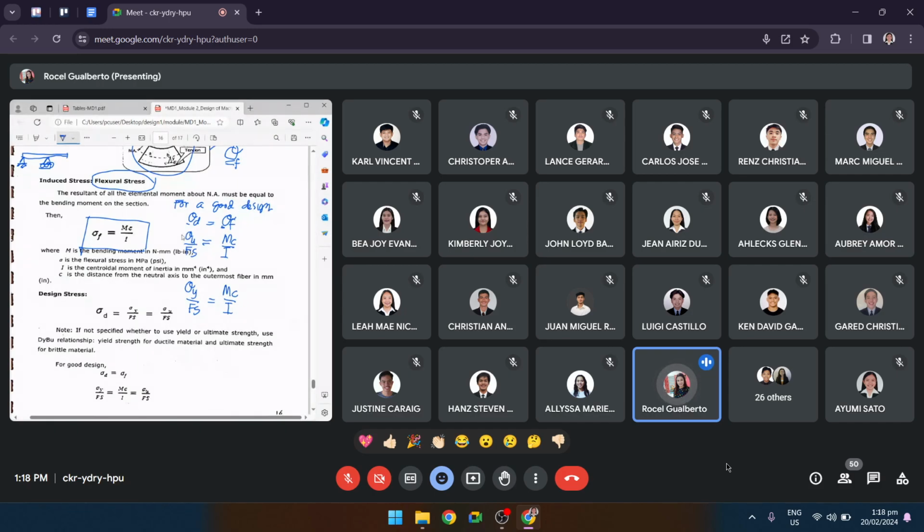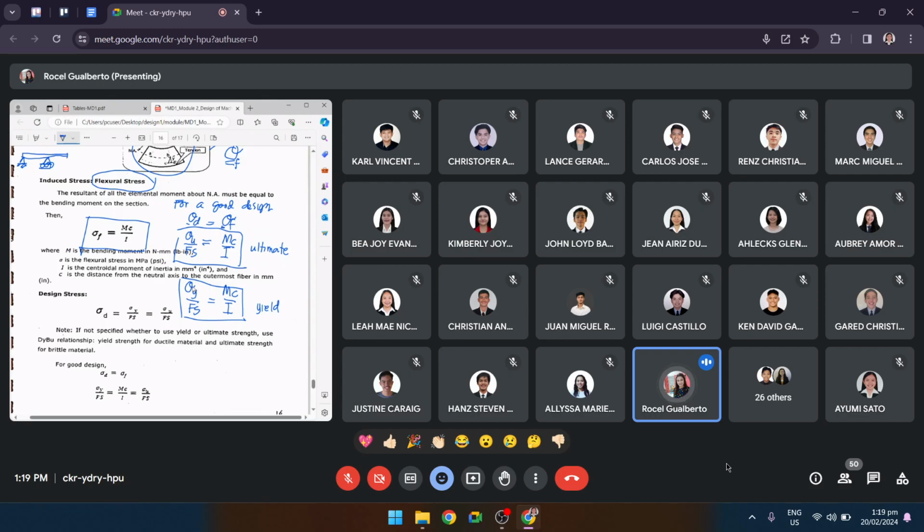The first equation here, sigma U over Fs equal to MC over I, will be used if the design is based on the ultimate strength. But if the design calls for a design based on the yield, then you will be using sigma Y over factor of safety. Ganun pa rin po, basis of design.